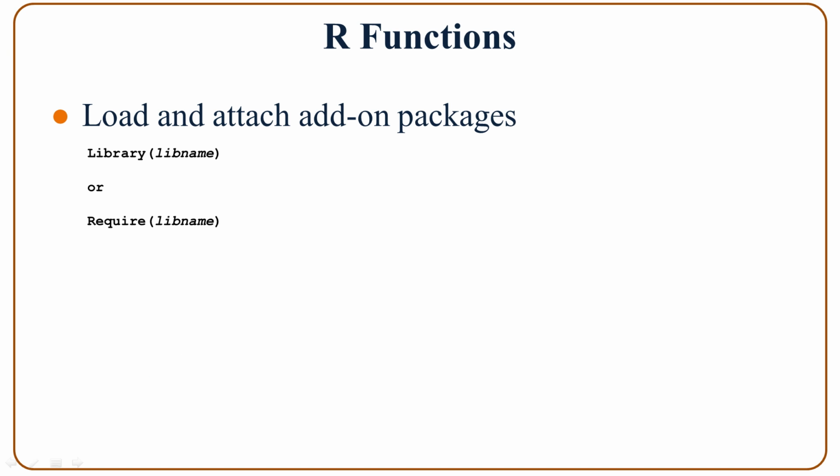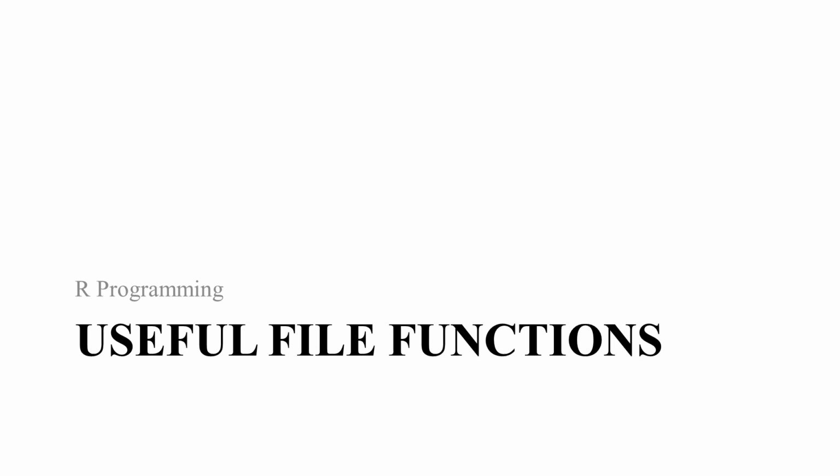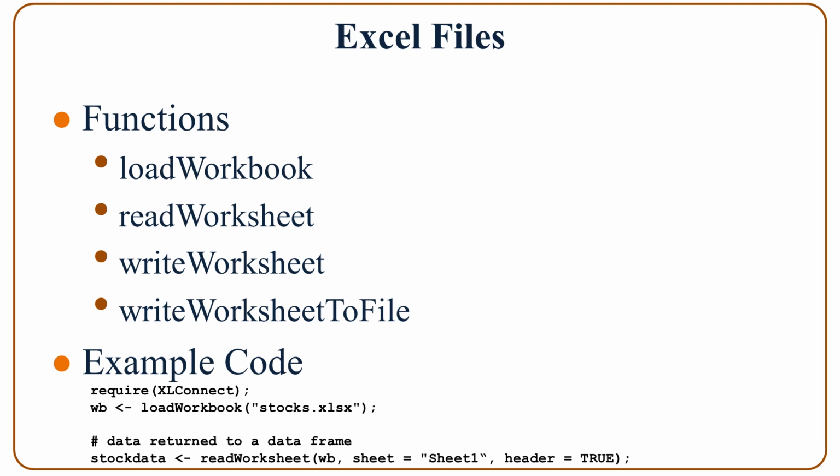Next, look at a few useful file functions, IO functions. For reading and writing Excel files, there are a number of functions. For example, loadWorkbook, readWorksheet, writeWorksheet, and writeWorksheetToFile. This is an example.